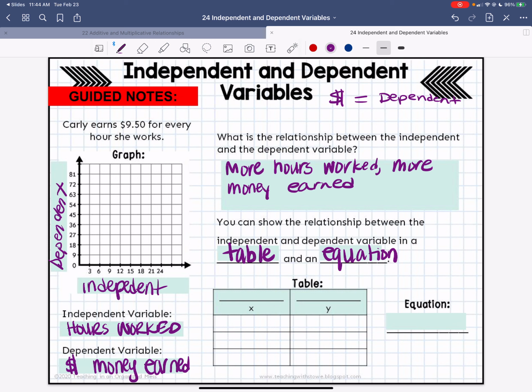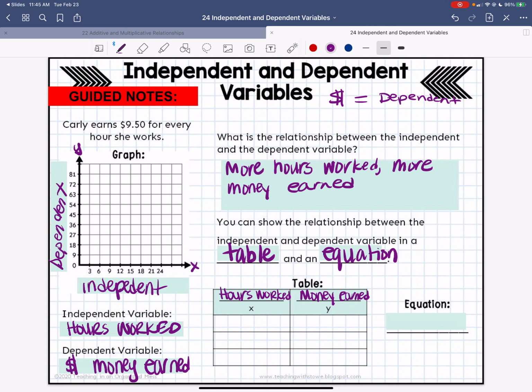So on this, we're going to look at, again, we're going to label this. This is the X. This is the Y. And from here, this is going to tell us that this is hours worked. And this is going to be money earned.